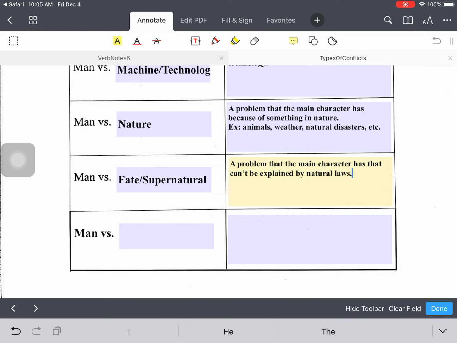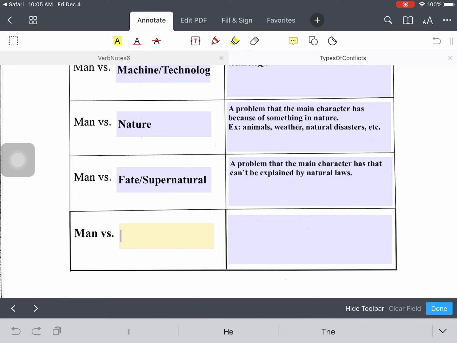So if the character is having a problem with the supernatural, whether it's ghosts or vampires or things like that that just don't happen in the natural world, or even if it's a fate thing. When we talk about fate, we talk about things that are just destined to happen to you. So that would be a man versus fate or supernatural conflict.